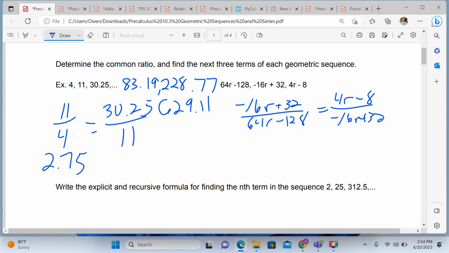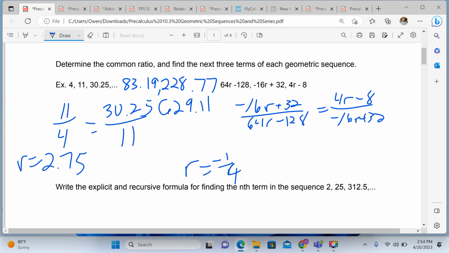Yes, because you're going to be multiplying by negative 1/4 each time. If I were to simplify both the numerator and denominator, negative 1/4 is what you would get. So let me say r is negative 1/4. I should label that over here.